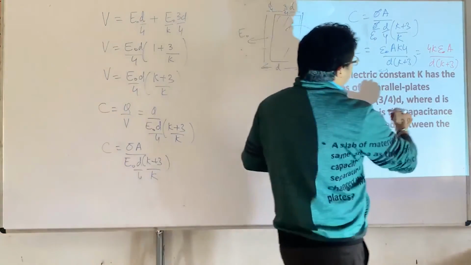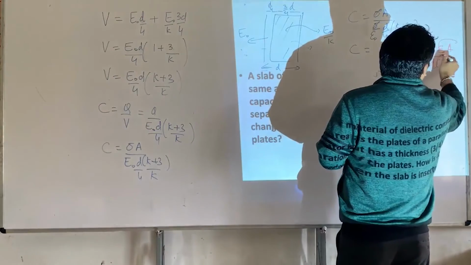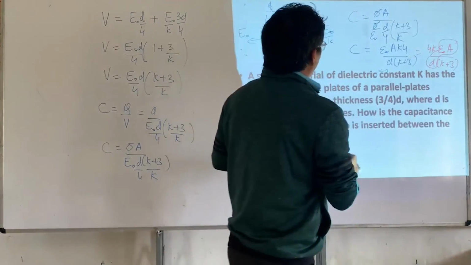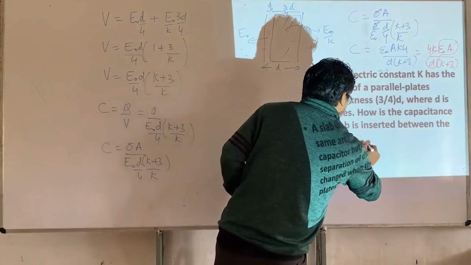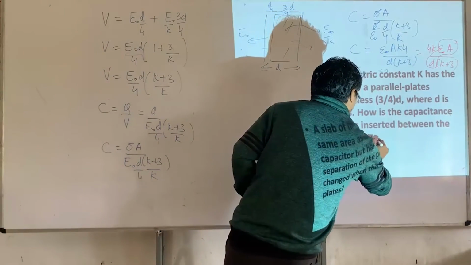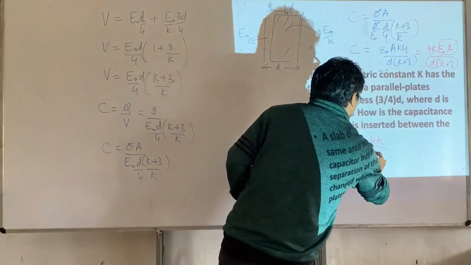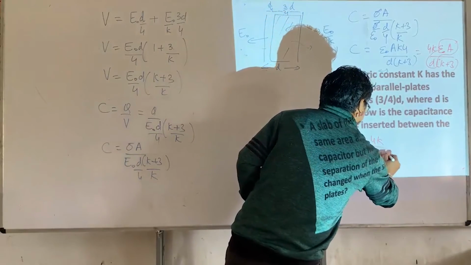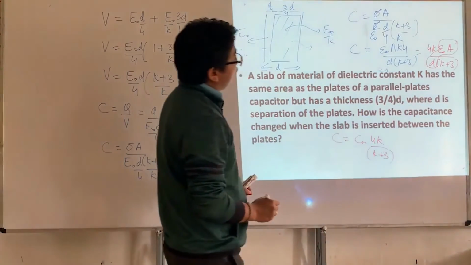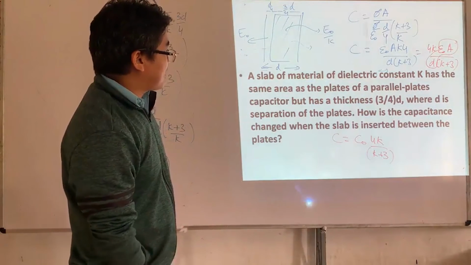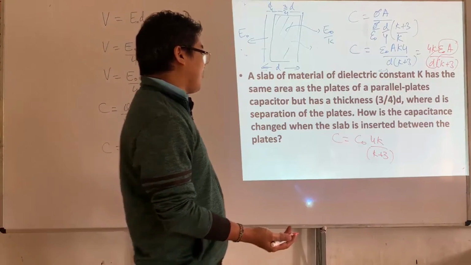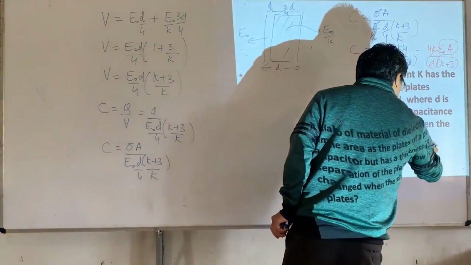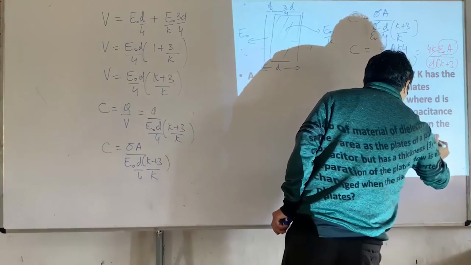So what is this? This is going to be C naught. Therefore C is going to be C naught times 4K divided by K plus 3. And I can verify this, right? If the medium is a vacuum, K is going to be 1.